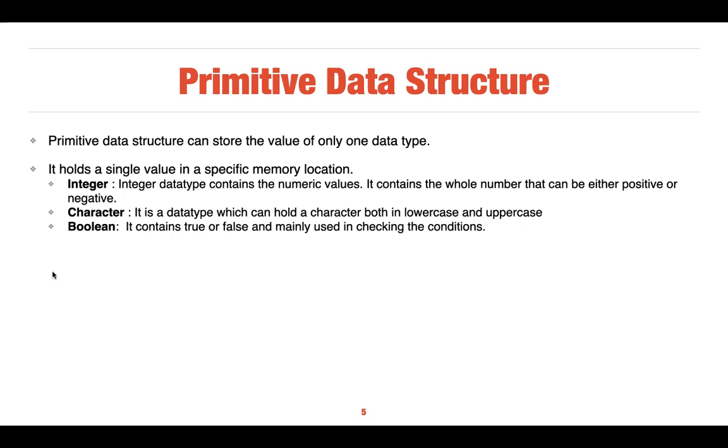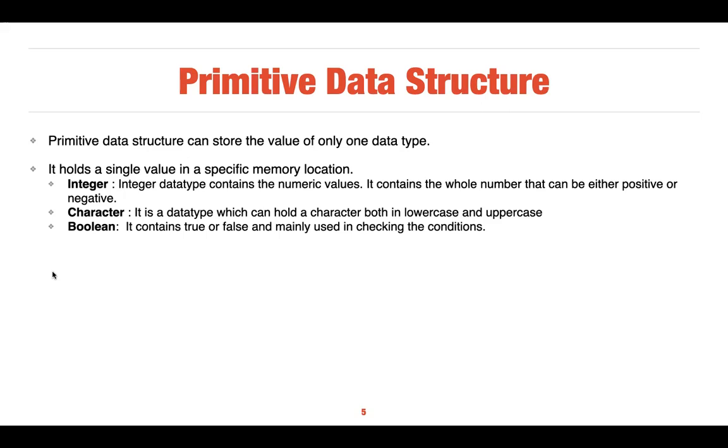If we talk about integer, these are data types which contain numeric values only. They can contain whole numbers, either positive or negative. And if the number is beyond the range of the integer, we can use the long data type.